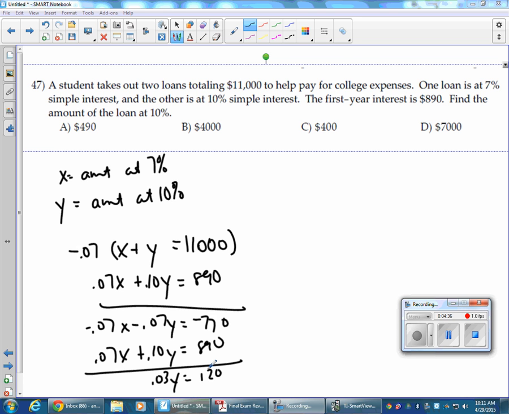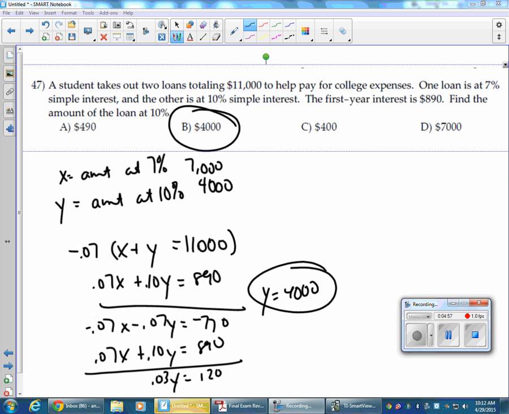Divide by 0.03. 120 divided by 0.03 is 4,000. So 4,000 at 10%, that's the y, which would mean if you invested 11,000, it'd have to be 7,000 at 7%. But make sure the question says find the amount of the loan at 10%. So my answer would be B.